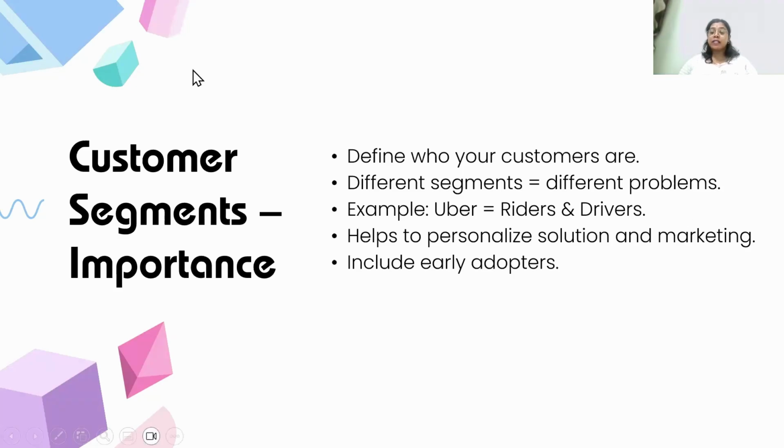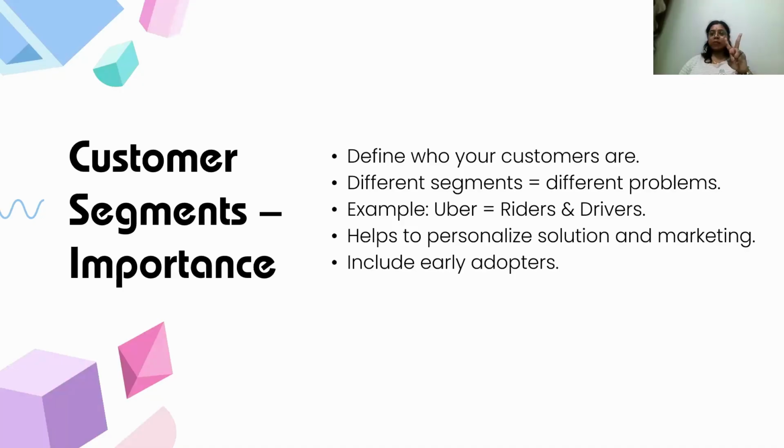Do you want me to repeat? Okay. So imagine I'm building a business model canvas for Zomato. Now tell me, what are the different ways through which Zomato earns money? It charges money to the customer, and it charges money to the restaurant.